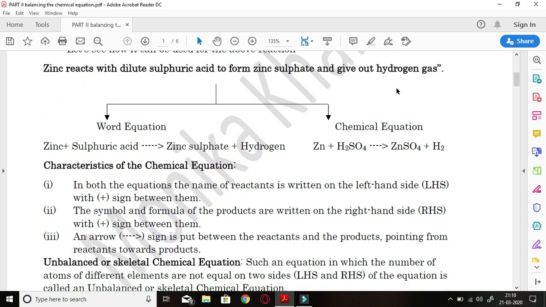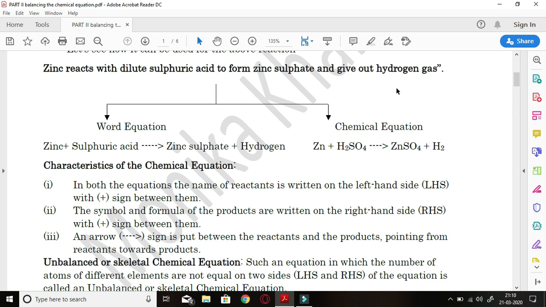Zinc plus sulfuric acid will give, I am showing it with an arrow, zinc sulfate plus hydrogen. This is a word equation for the above statement, and the chemical equation is Zn plus H2SO4, arrow, ZnSO4 plus H2. Now this is using symbols and chemical formulas, right?